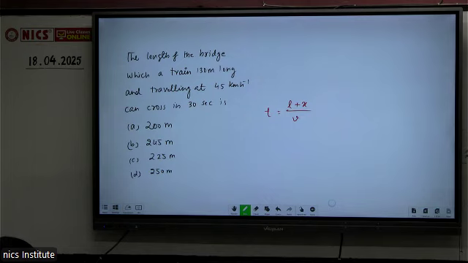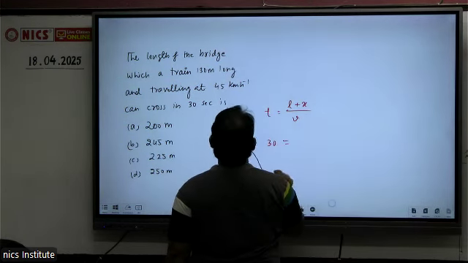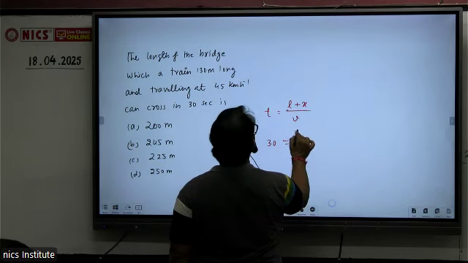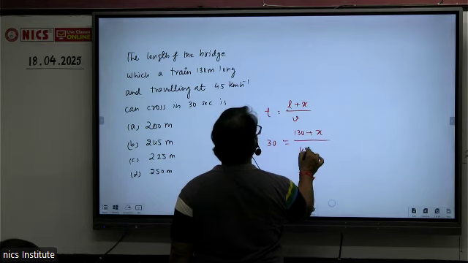This is in kilometer per hour. Multiply it by 5 by 18. So T has been given in seconds. So this is 30. L is 130. X we need to find. Speed is 45 kilometer per hour.